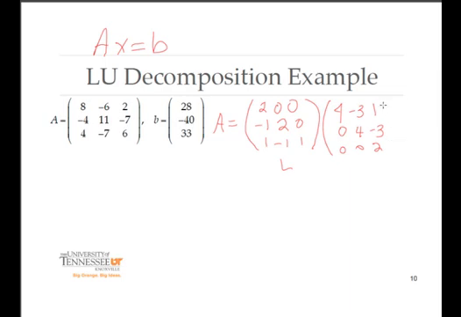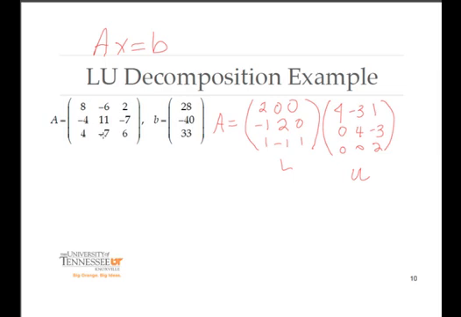So what do we have here? Lower triangular matrix L is indicated here on the left. Upper triangular matrix U is here on the right. Notice that above the diagonal is 0 in L, below the diagonal is 0 in U. If you were to multiply L times U, you would reconstruct the original matrix A.